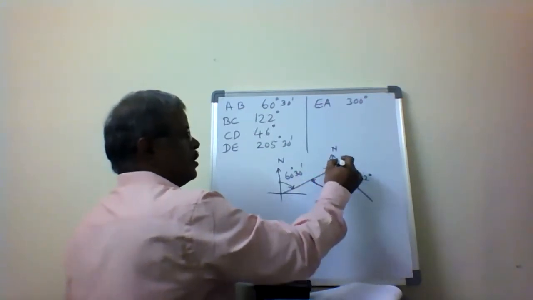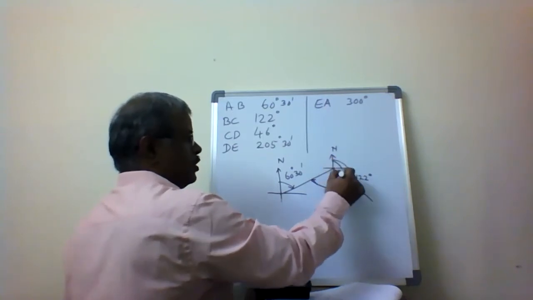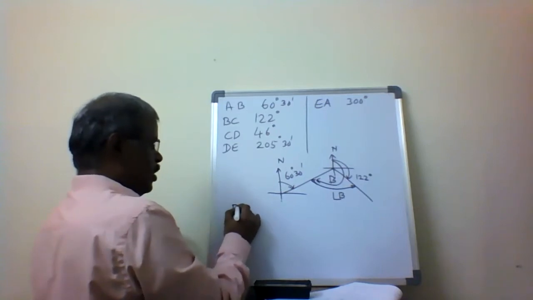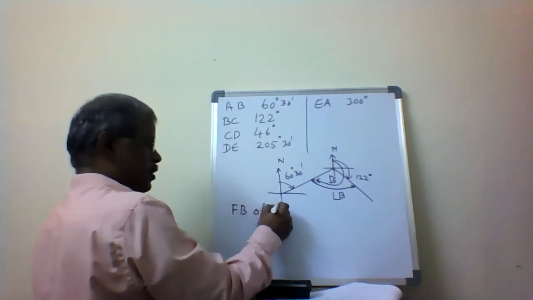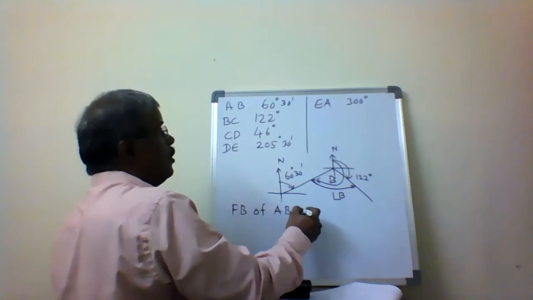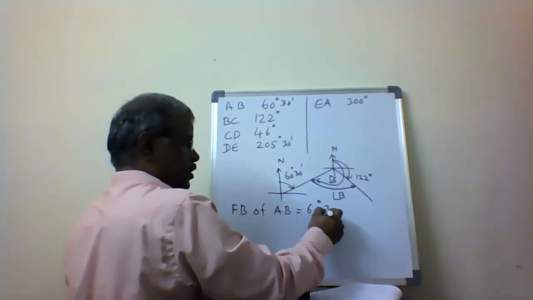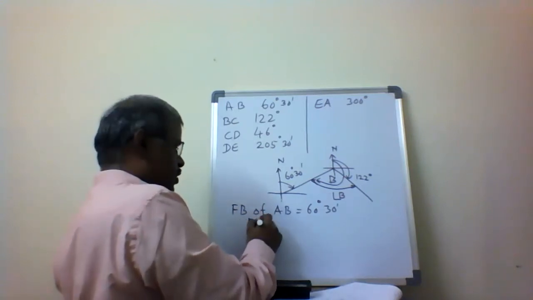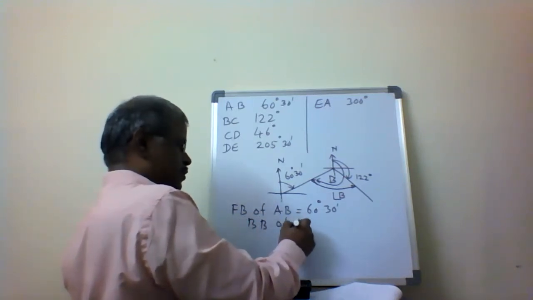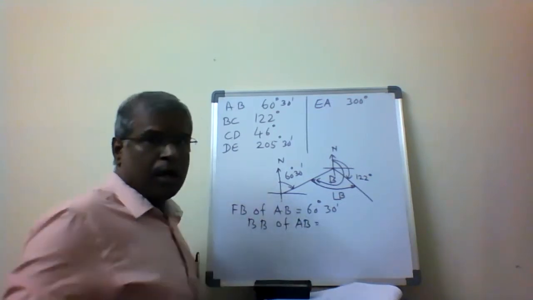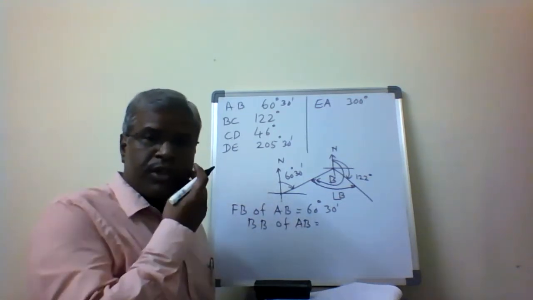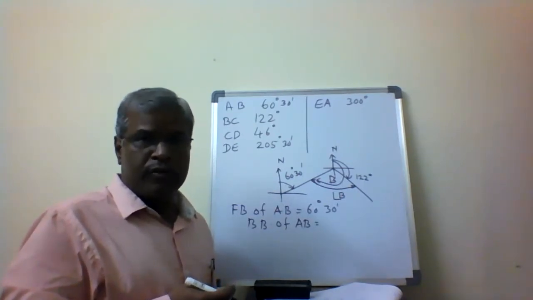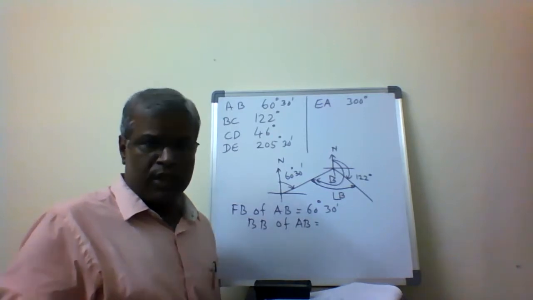For this, I have to know the backward bearing. So the forward bearing of AB equals 60 degrees 30 minutes. Then the backward bearing: the difference of forward bearing and backward bearing equals 180 degrees, otherwise backward bearing equals forward bearing plus or minus 180 degrees.